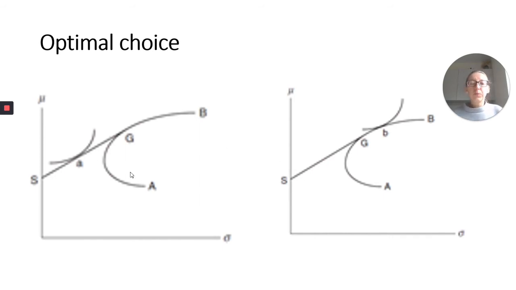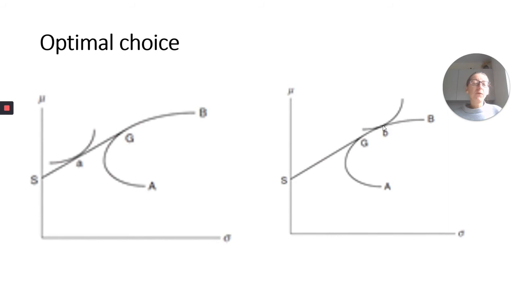And now we can compare those two graphs here, which show exactly the same portfolios, exactly the same possibilities for investment, but different choices. As you see, the place of the indifference curves in those two graphs is different, saying that one person in the first picture is very risk averse and agrees on way lower risk.